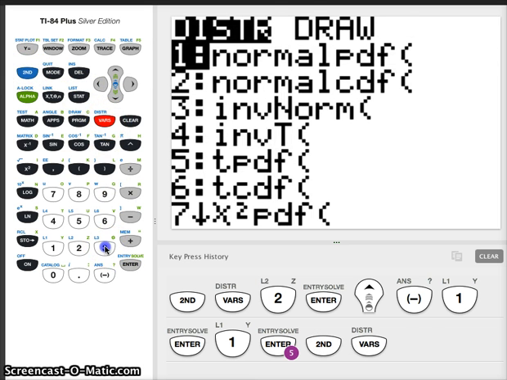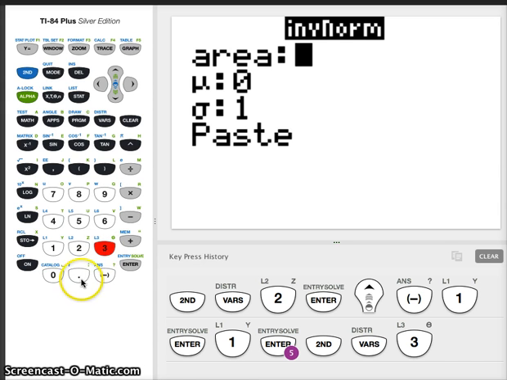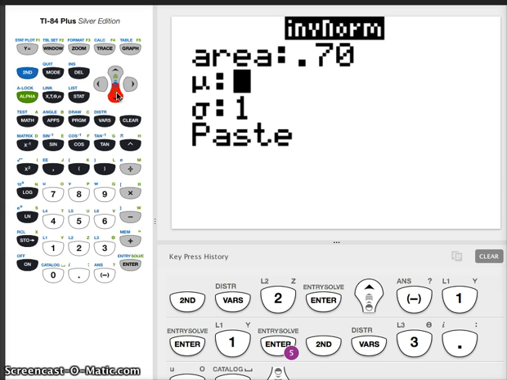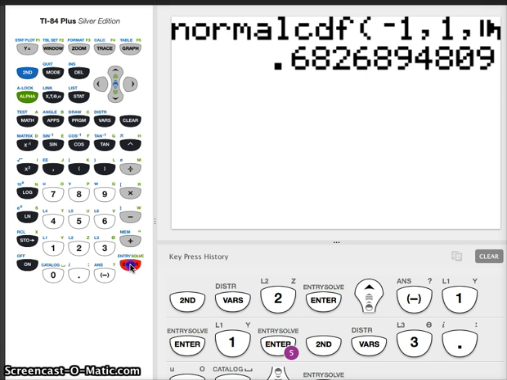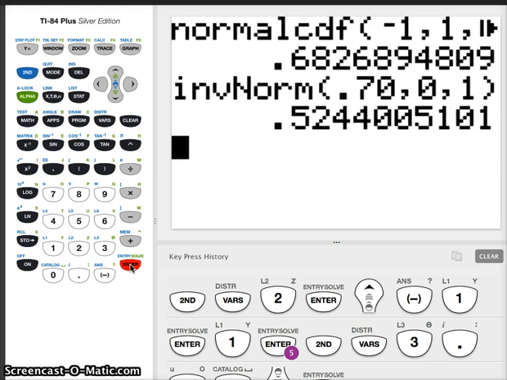That is 3, inverse norm. Remember, the area I said was 0.70. Let's just say we're going to use the standard normal curve, okay? So what z-score would have an area to the left of 70% of my data? And it would be 0.52. That would be the z-score. Okay, so those are inverse operations. I hope you kind of understand how to do that.